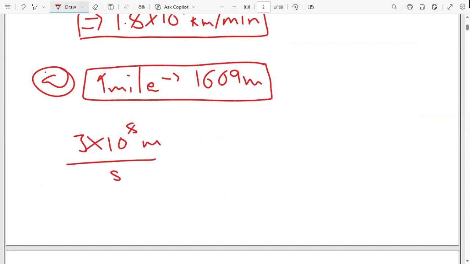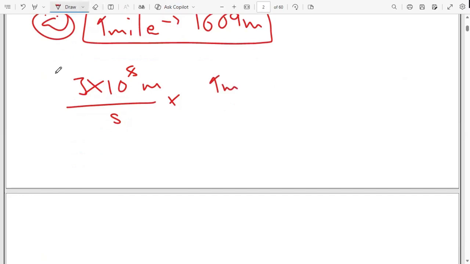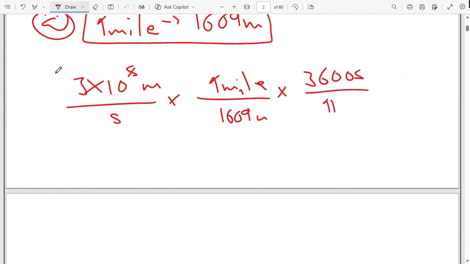So let's now convert 3 times 10 to the power 8 meters per second into miles per hour. So I'm going to multiply this by the conversion factor between a mile and a meter. So I'm going to have 1 mile, which is equal to 1609 meters, multiplied by the conversion factor for time, which is as usual 3600 seconds over 1 hour.